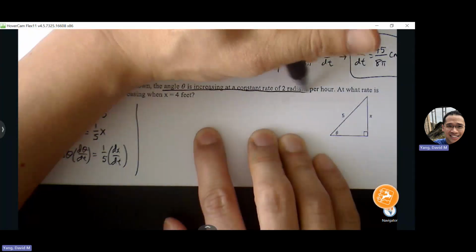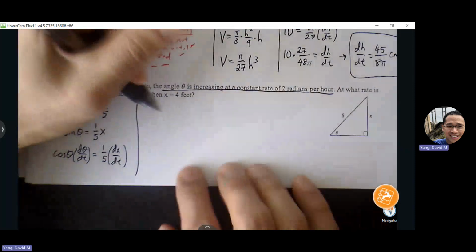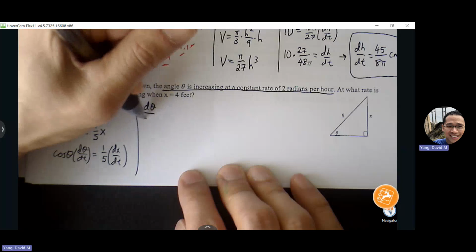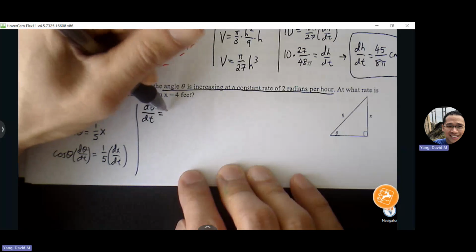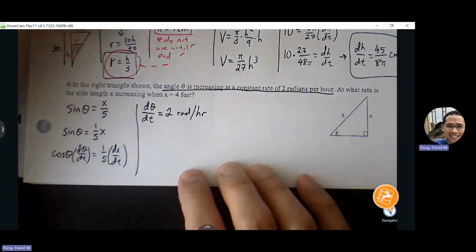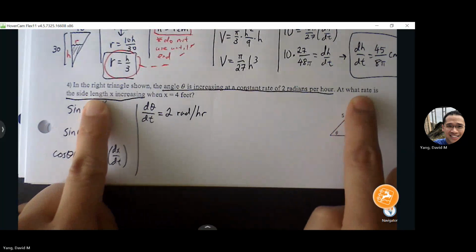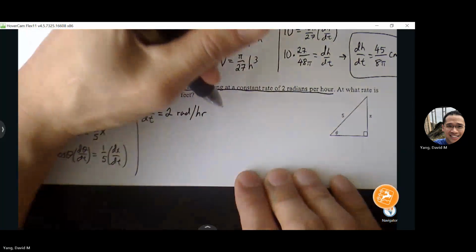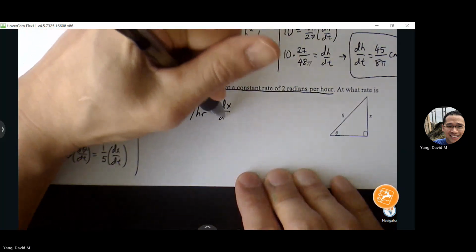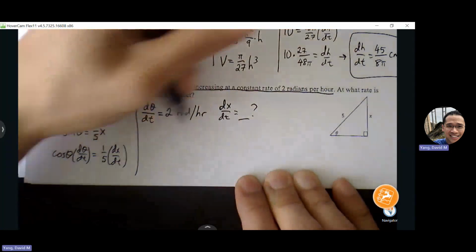What variable is that referring to? d theta dt. You see the time component involved with theta. At what rate is the side length x increasing? What are we looking for? We're looking for dx dt. When x is 4 feet.